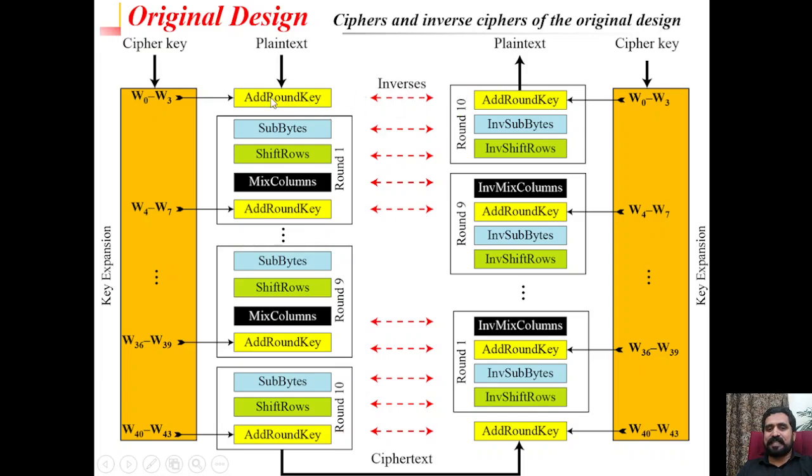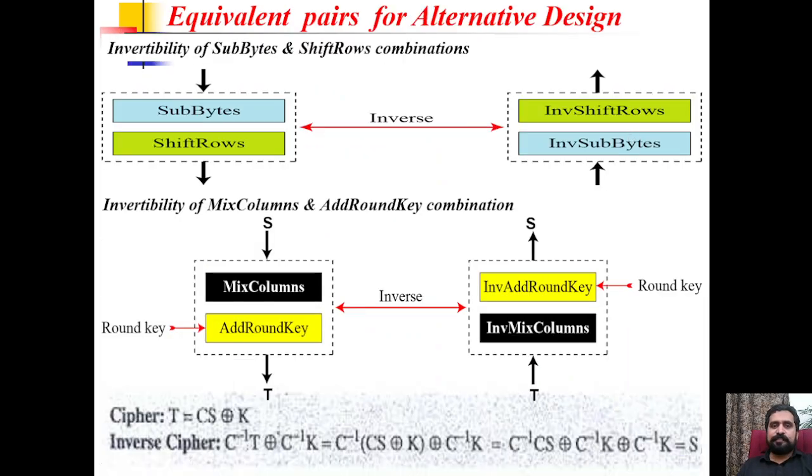If we see round 1, the sub byte is similar to the inverse sub byte operation, and shift row is similar to the inverse shift row operation. This is what we use in the inverse order in the original cipher design.